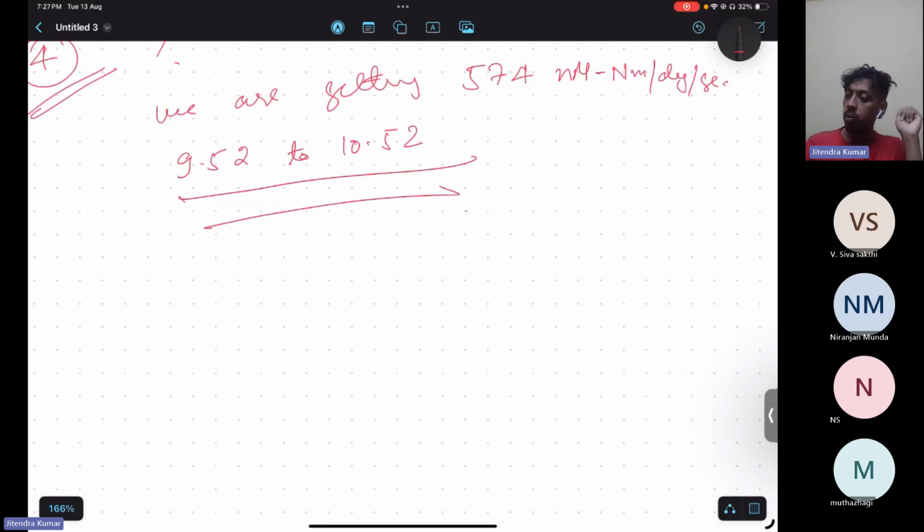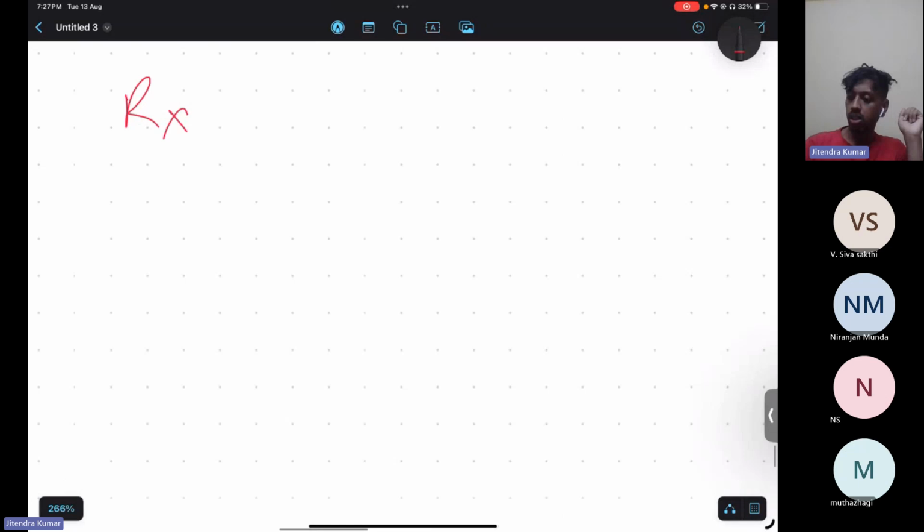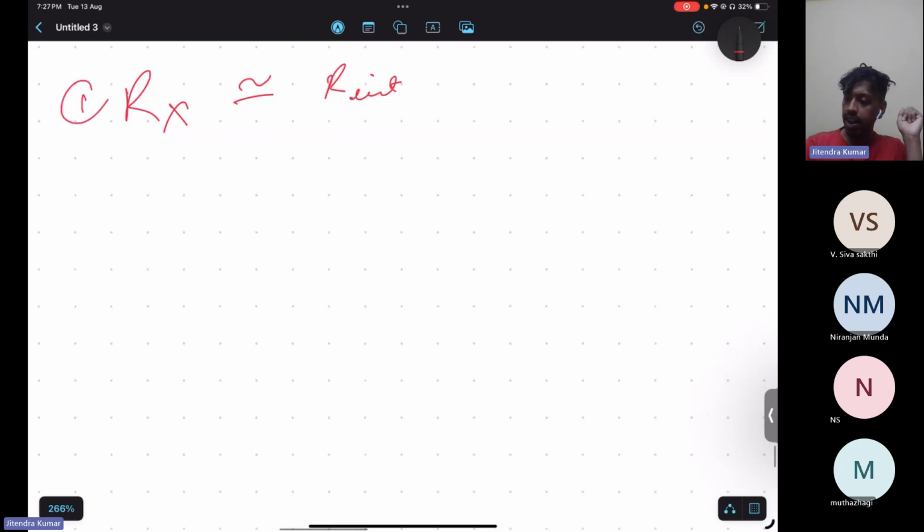For any ohm meter to work perfectly, Rx should be equal to R internal. This was the first point. And the second point was, what was the second point? Where to maintain the pointer? Rightmost, leftmost, or center?